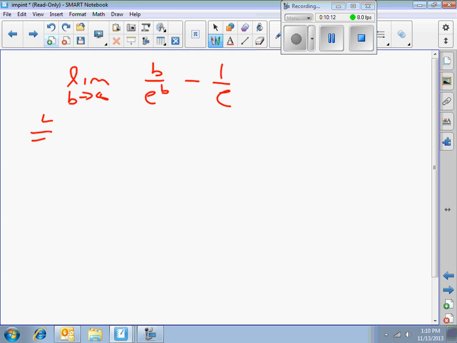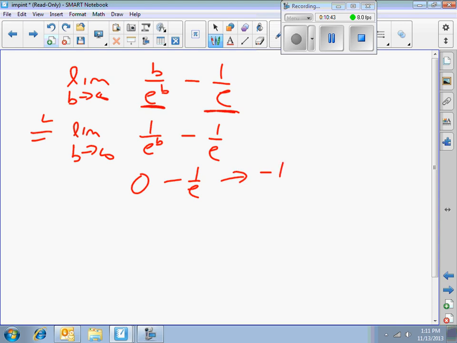I'm just concentrating on this part here. So that's the same as the limit as b approaches infinity of 1 over e to the b, treating b as my x when we take the derivative, minus 1 over e. Now when I put infinity in there, you see that is going to 0 because it's 1 over infinity minus 1 over e, and we get to our answer, which is negative 1 over e.